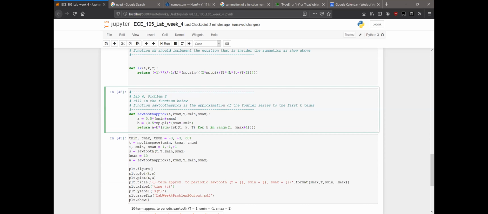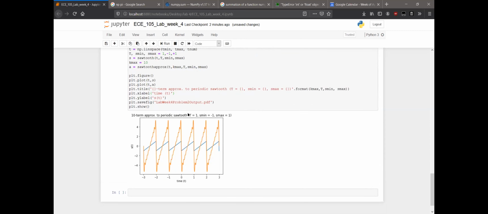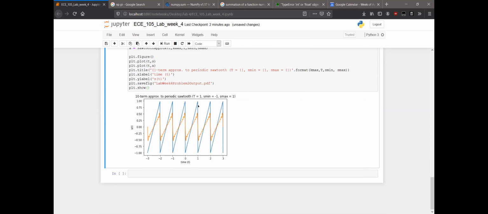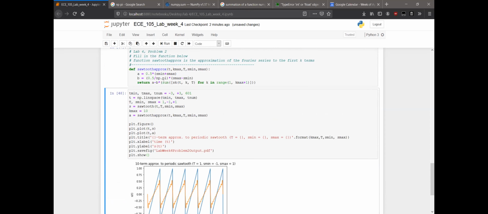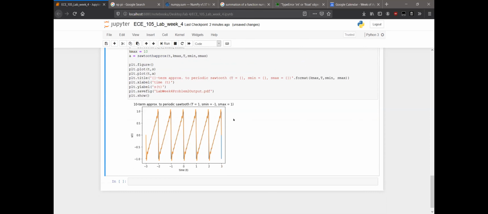Oh yeah, that was a dumb mistake. Yeah, there you go. Pretty close, but there's something wrong. Is it half times? Hold on. What was that equation? It's 1 over pi, not half over pi. Oh yeah. There you go.